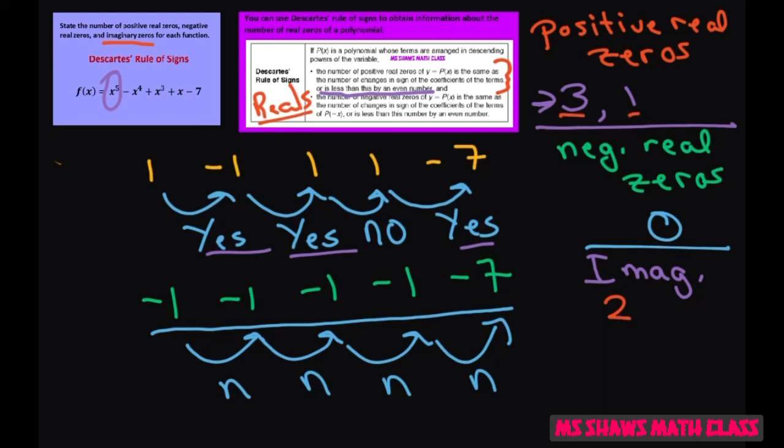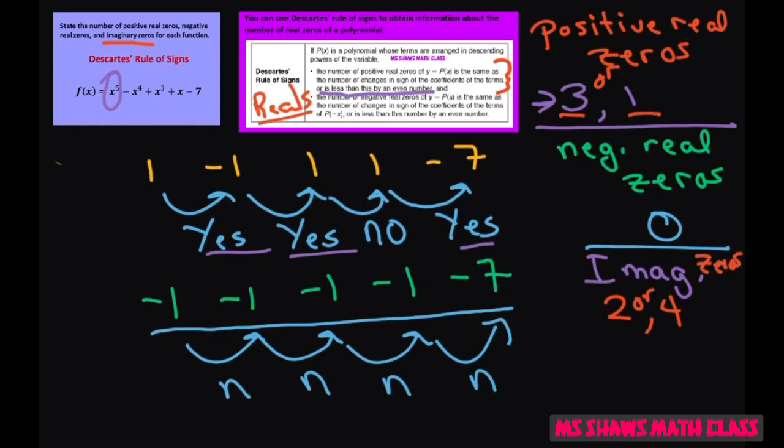If we have 1 positive real and 0 negative, that leaves us with 4. So it's going to be 2 or 4. There should be ors here. All right, and that's how you can infer the imaginary zeros.